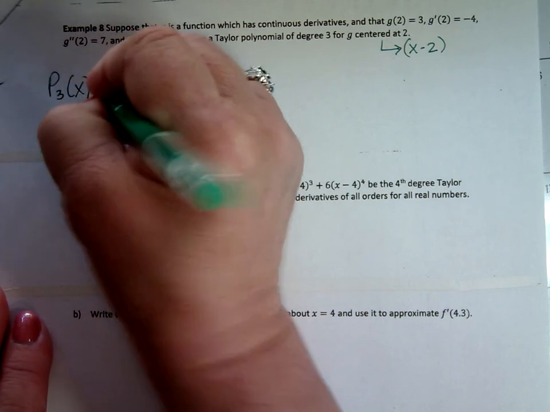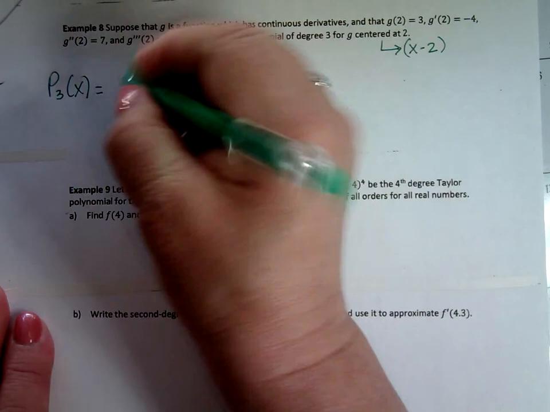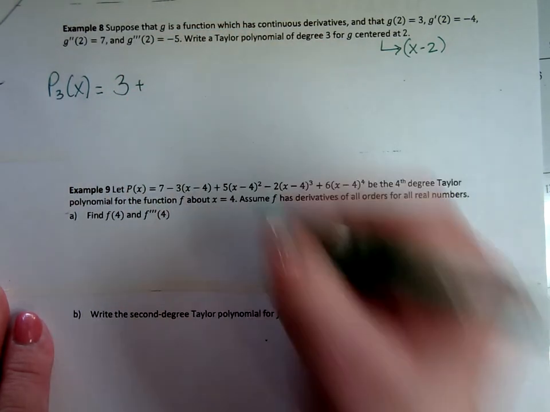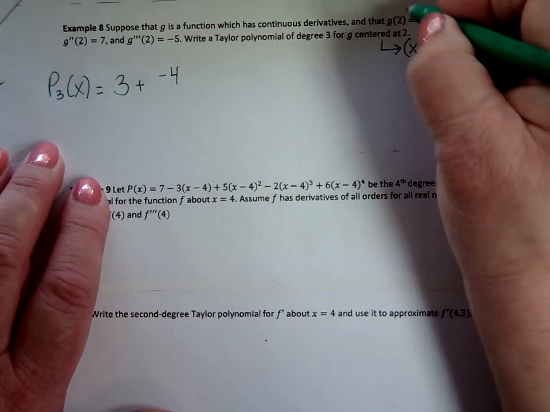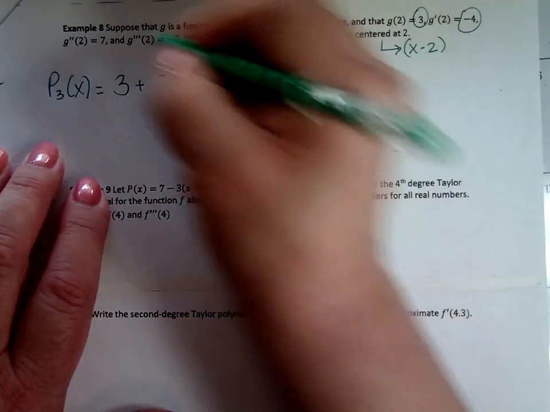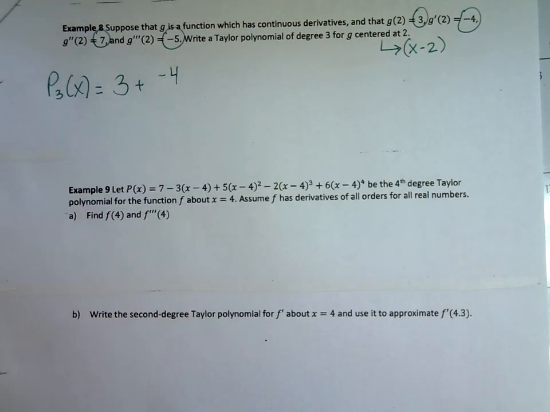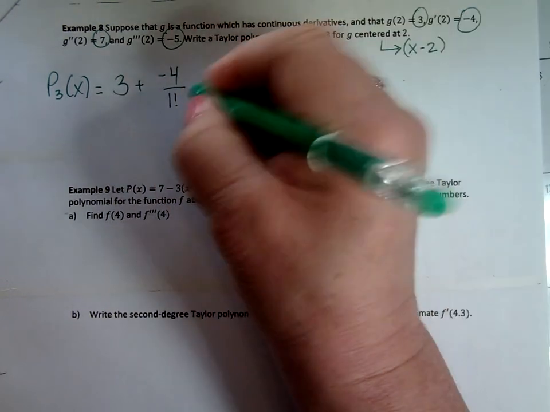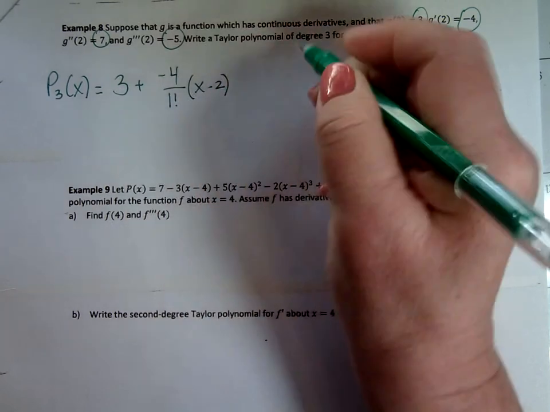The first term is whatever the y value is, so 3. Plus, actually, I'll leave it as a plus, a negative 4, that's this guy. So these are the values you're using right here as your numerators. So the next term would be 4 over, remember the factorial, it's a first one, so it's a 1 factorial. Your grouping is x minus 2, and your power is a first power.